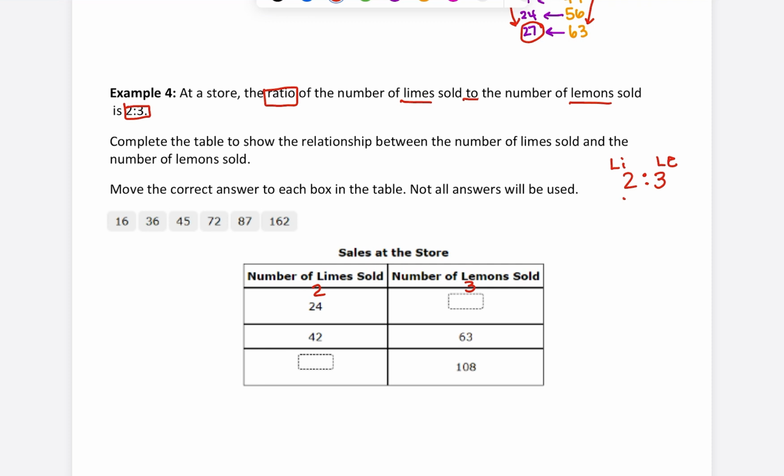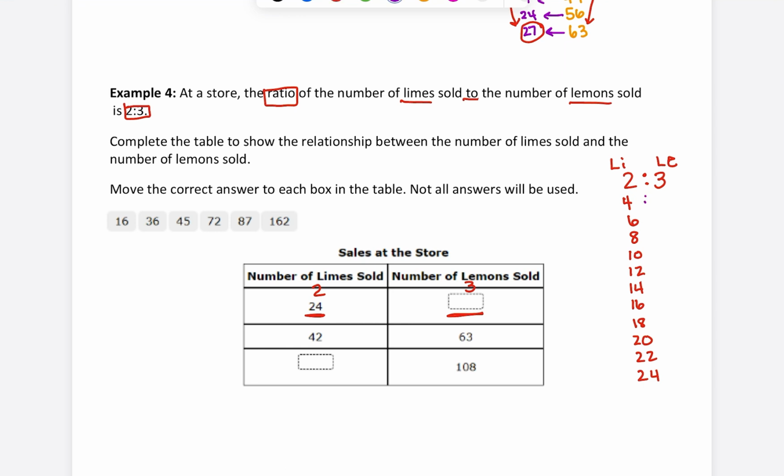So let's try that first. So 2, 4, 6, 8, 10, 12, 14, 16, 18, 20, 22, 24. And that's what I want here. So now I'm gonna skip count by threes and get my missing piece here. So let's do that. This time I'm counting by threes.